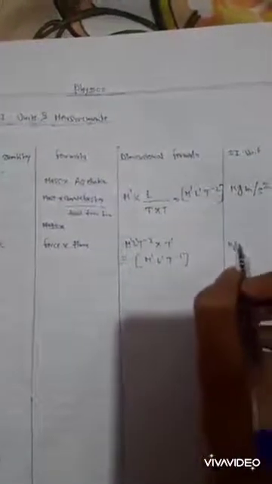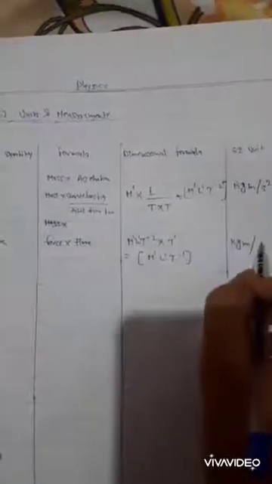So the final dimensional formula will be M1 L1 T minus 1, and you will get the unit kg, because for M1 L1 we will use meter, and for T minus 1 we will use per second. So the SI unit of impulse will be kg meter per second.